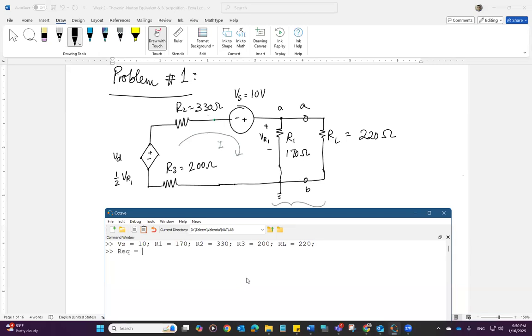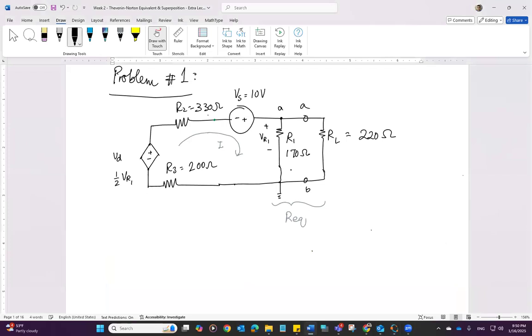And R equivalent will simply be R load parallel with R1. I'm using my parallel function in Octave. And that equivalent resistance is coming out to be 95.897 ohms.